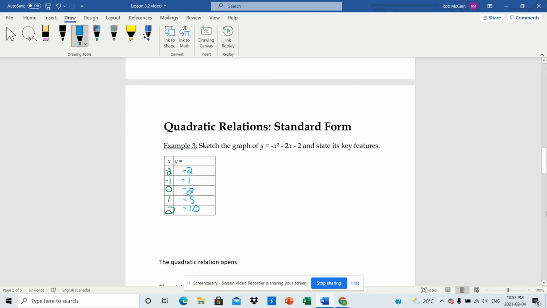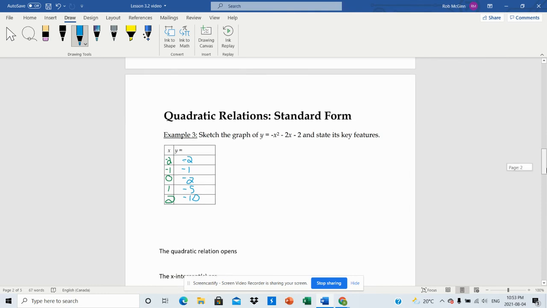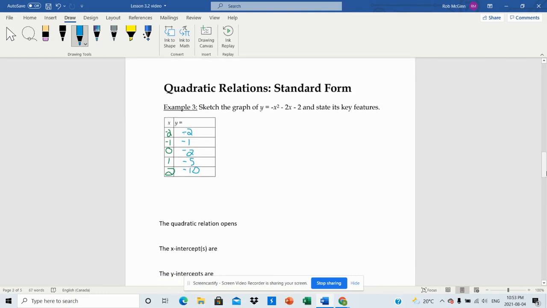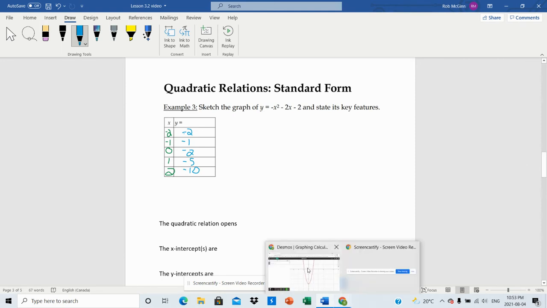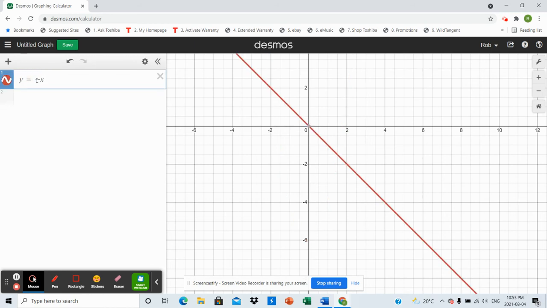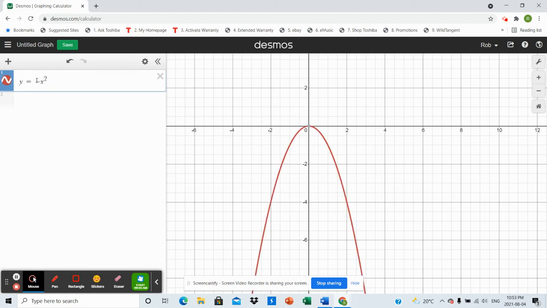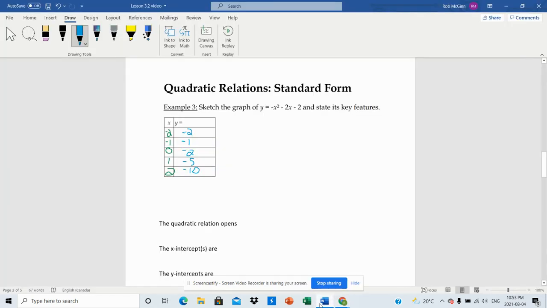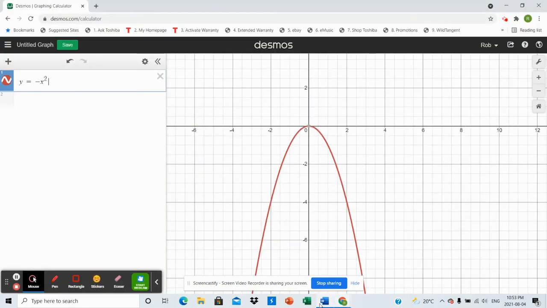And once again, don't worry, you will get some opportunities in the next lesson to graph. But for right now, let's use Desmos again. So y equals minus x squared minus 2x minus 2.